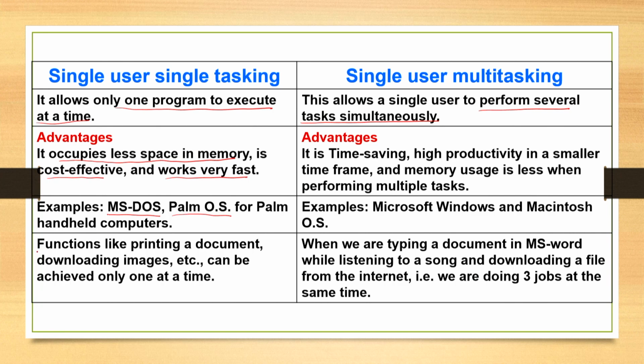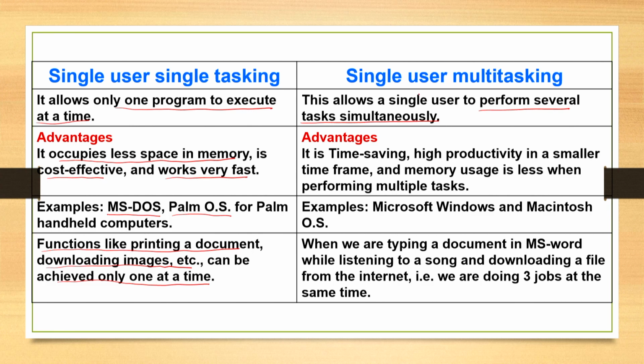It functions like printing a document, downloading images, etc. This can be achieved only one at a time, meaning once it finishes printing a document, then it will download the images, not both of them simultaneously.